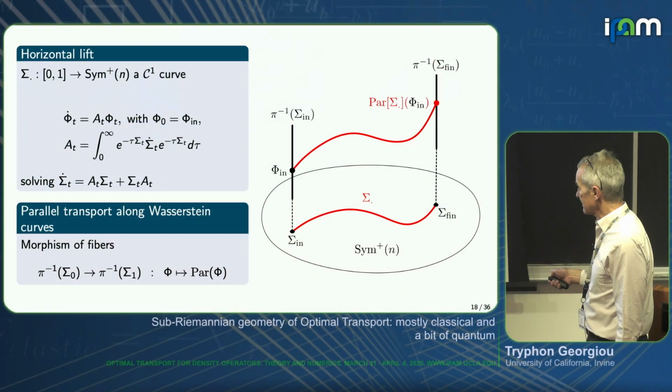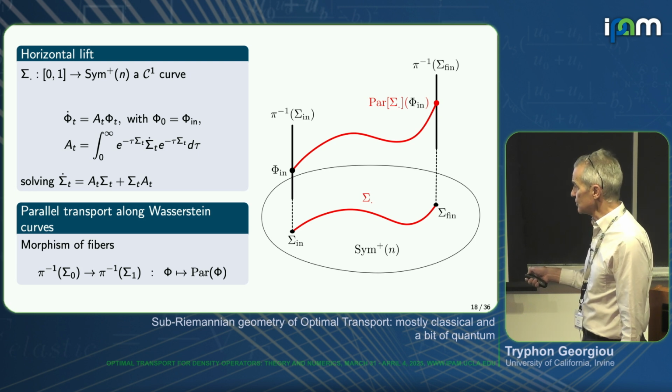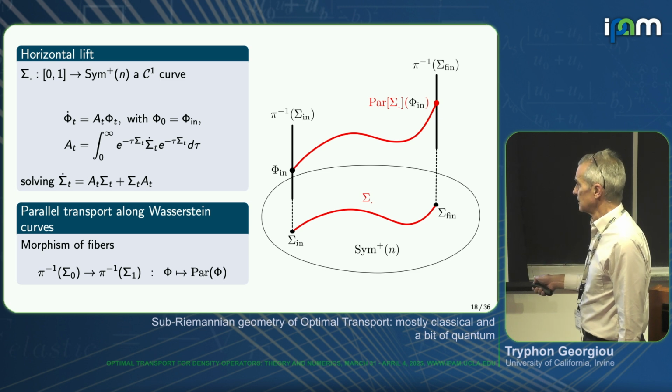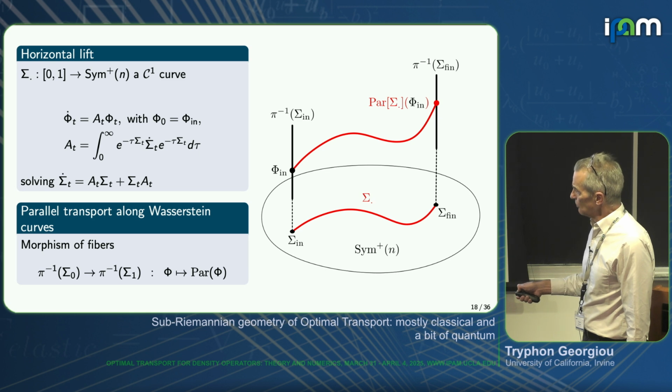So you have a path down there on the base space, and you start from a certain phi initial, so the phi transpose gives you the point on the base space. You can lift this uniquely by solving for A in this equation.